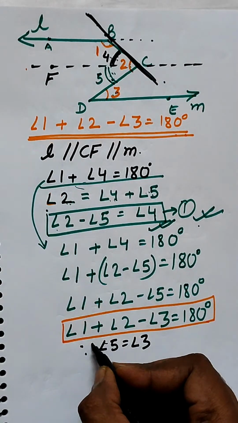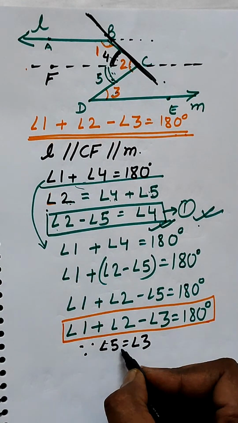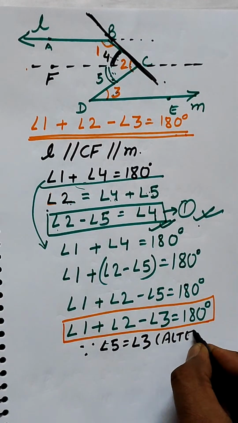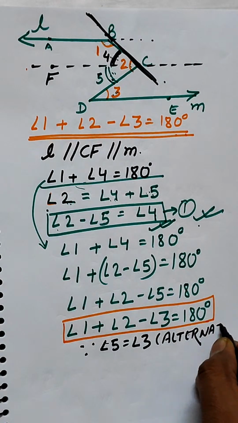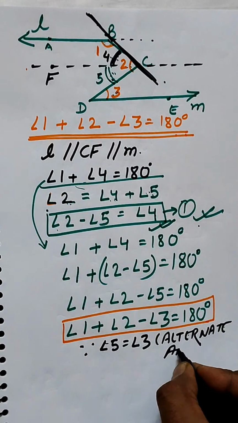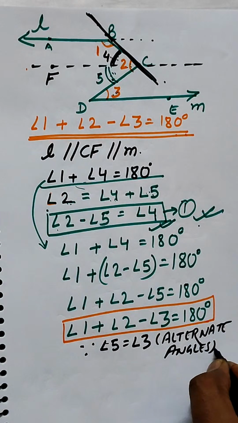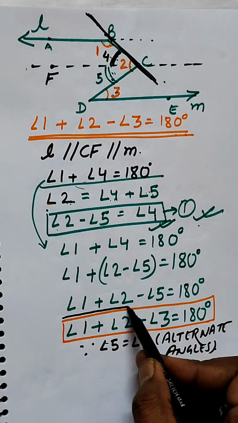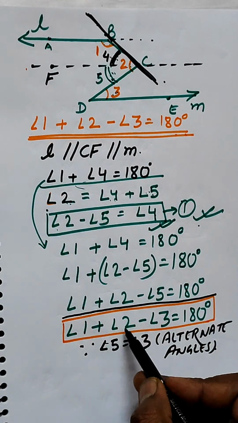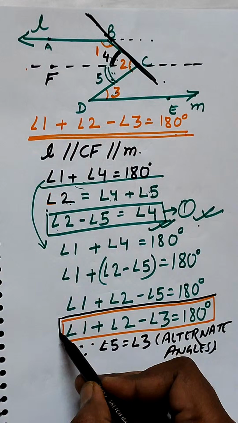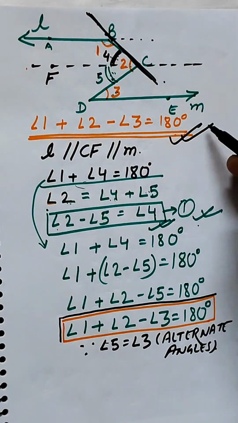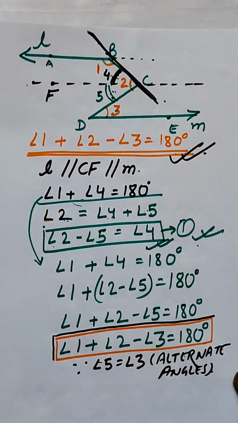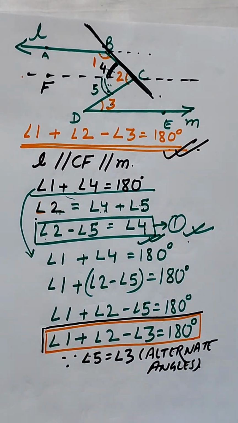So mentioning since angle 5 equal to angle 3, that is the alternate angles, we can say that angle 1 plus angle 2 minus angle 3 will be equal to 180 degree. So this is proved now, right? I hope you got this question. Any query you can just ask over here.